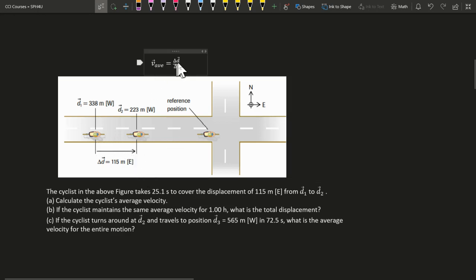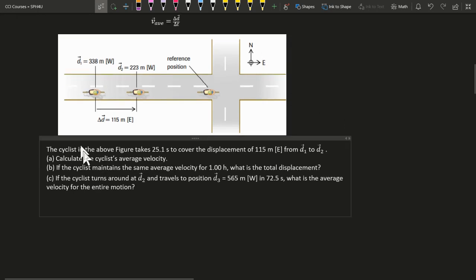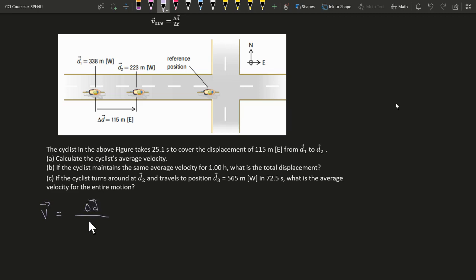Okay, wow, this was pretty simple. I'm just going to go ahead and stick these values directly into this equation here. For part A, average velocity is equal to the change in position over the change in time.